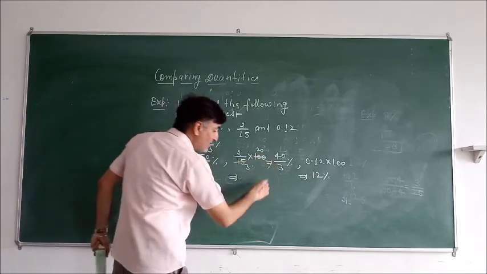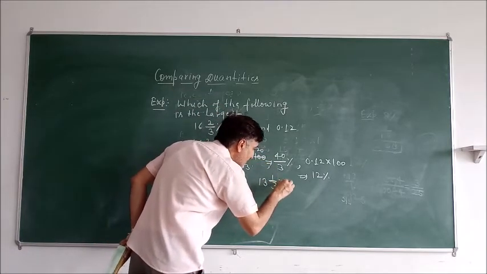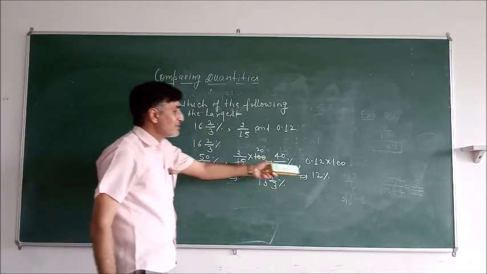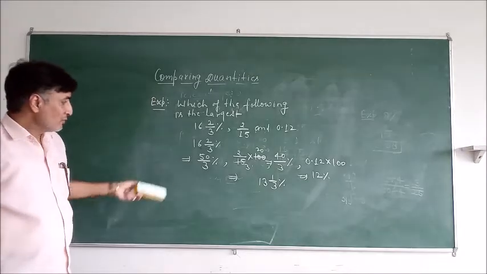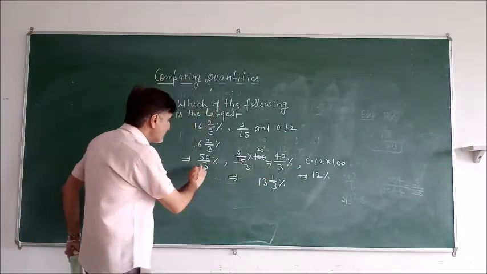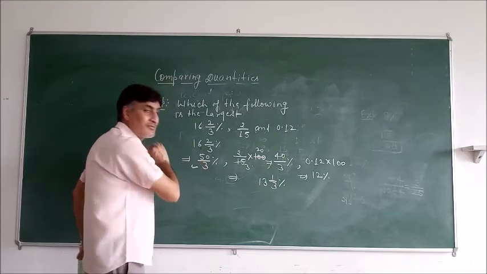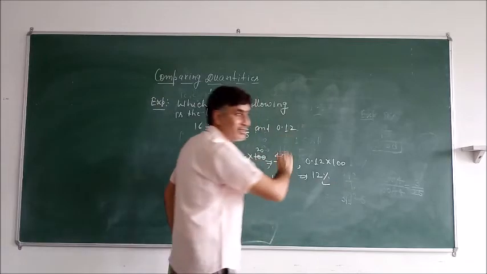This number can be written as 13 whole 1 by 3%. And this last number is 12%. Clearly here we can see that in all these three numbers, this one is the greatest, the largest one, and this one is the smallest one.